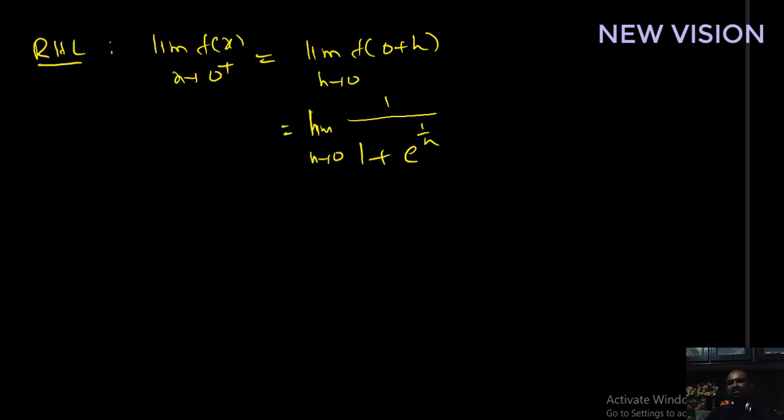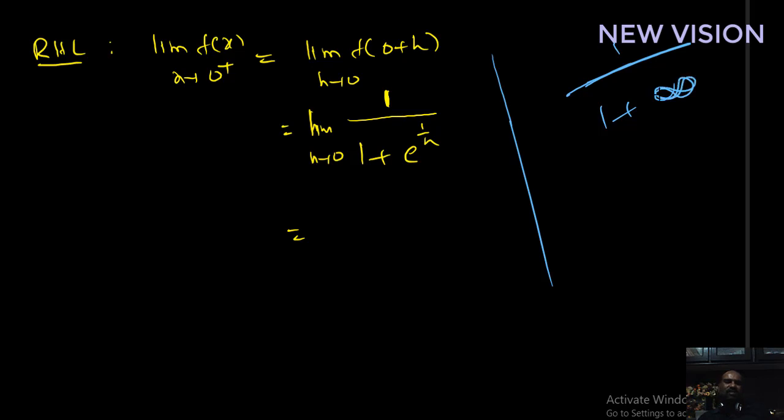Students, here the numerator is fixed. 1 plus something tending to infinity, e power 1 by h tending to infinity, 1 by a bigger number, so the total value is tending to 0 only. That's why I can say that RHL is tending to 0.